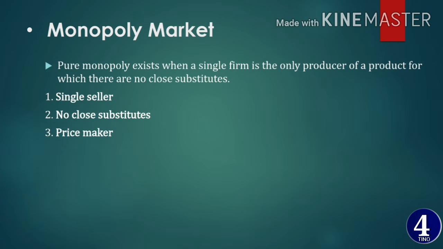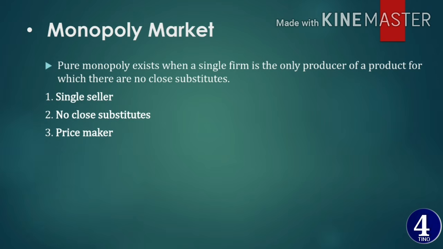So the monopoly has a chance of manipulating the quantities in order to get different levels of price, or to manipulate the price in order to get different quantities. The monopoly can raise price in order to lower sales, and can lower price in order to increase the quantity that is going to be sold.